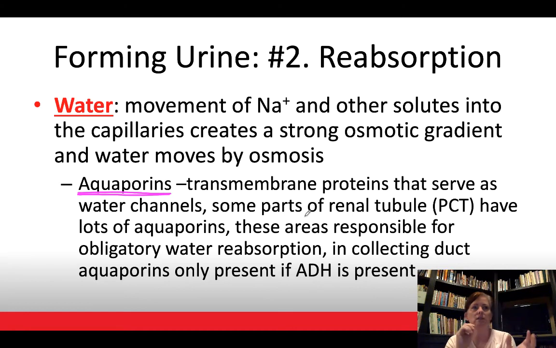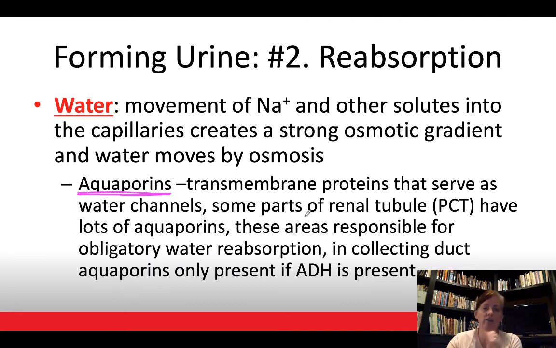For instance, the proximal convoluted tubule has a lot of aquaporins, so it's responsible for a lot of water reabsorption. There are other parts of the tubule, for instance the collecting duct, that only have aquaporins present in the presence of hormones.